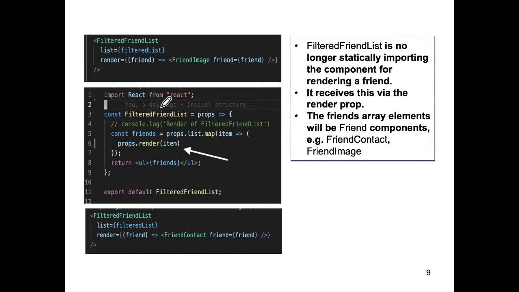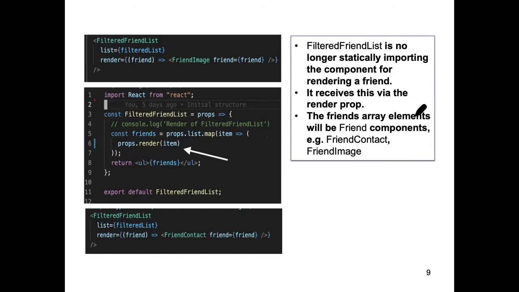And so I was bound to rendering my friend in a particular way. Whereas now I'm being told by the consumer, this is my consumer up here and down here, how to render the friend. So I no longer have a static import of the friend. It's received via the friend's prop or the render prop instead.